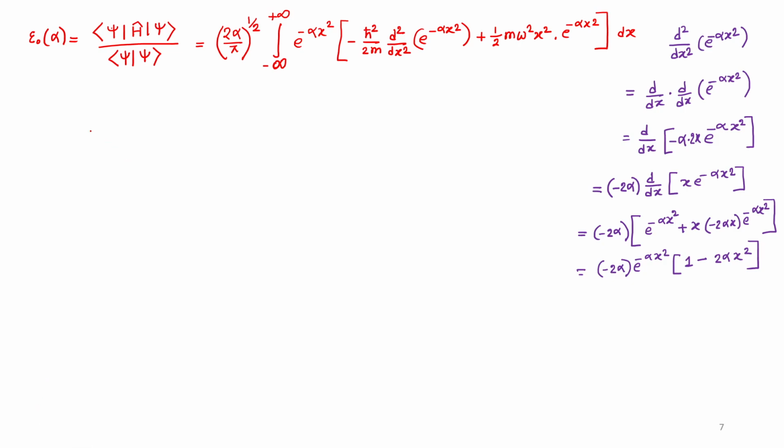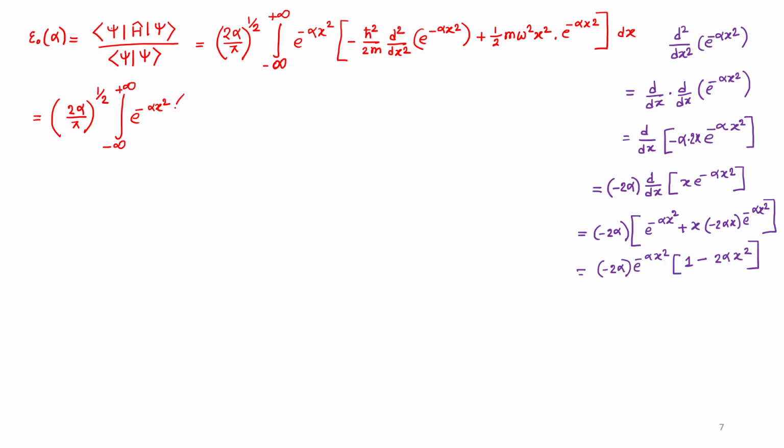So we have outside the bracket 2 alpha by pi to the power half, then minus infinity to plus infinity, e to the power minus alpha x square.